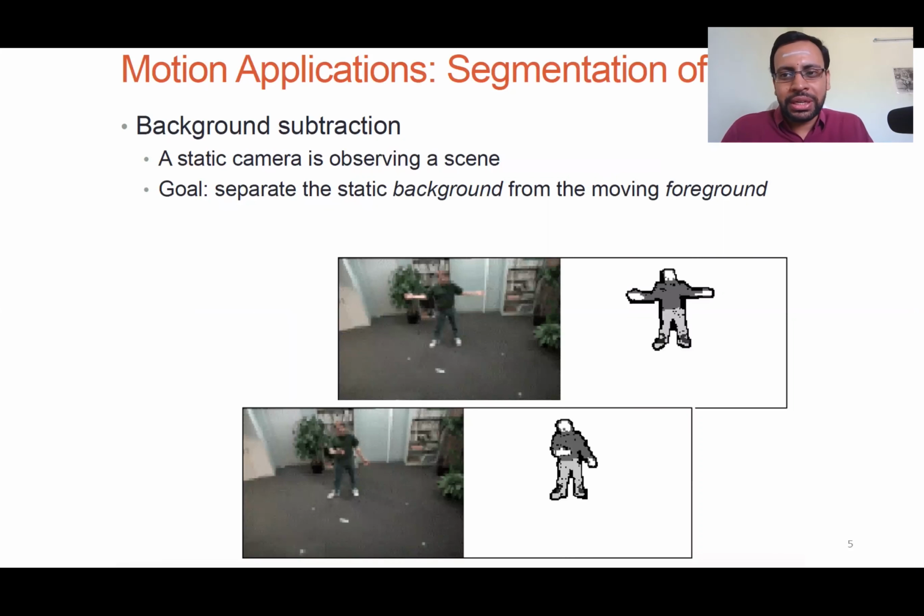Before going into any of these methods, let's first see some applications where this could have some utility. Given that image, can you make an inference or a guess on what could be an application where you could use this motion segmentation?